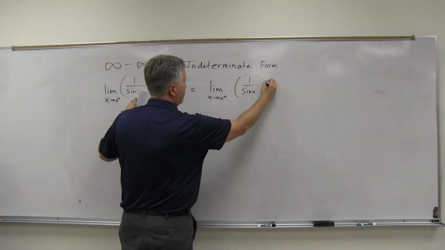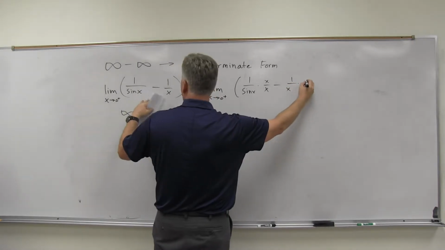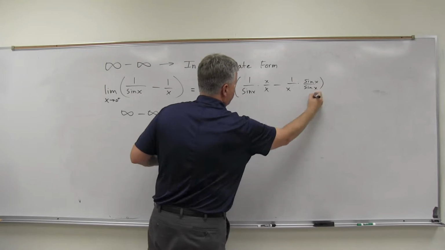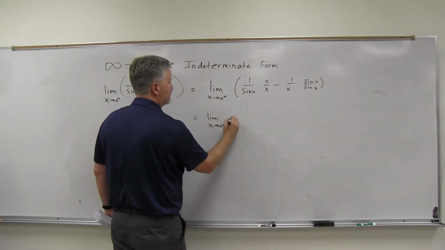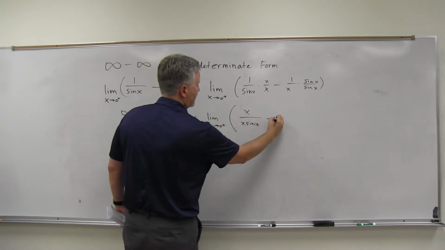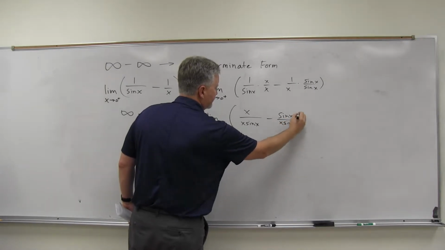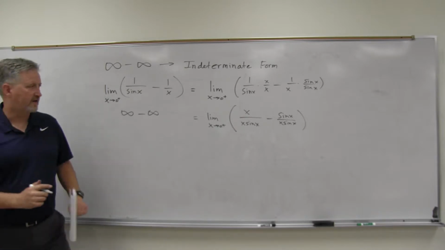Multiply by x over x here, and then 1 over x multiplied by sine of x over sine of x. That'll get me x over x sine of x minus sine of x over x sine of x. So see what I'm doing here? Combining the fractions into one fraction.